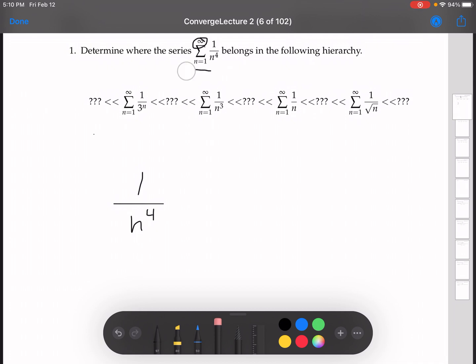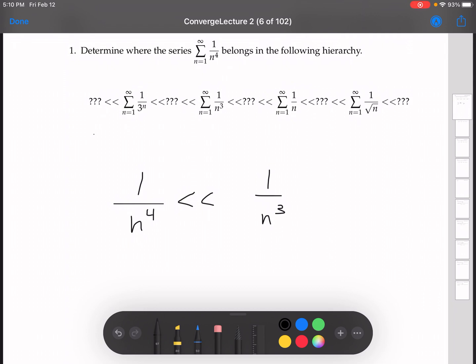So whatever this positive number is, we're taking the fourth power of that. 1 divided by n to the fourth, you're dividing by more than you are dividing 1 by n cubed.